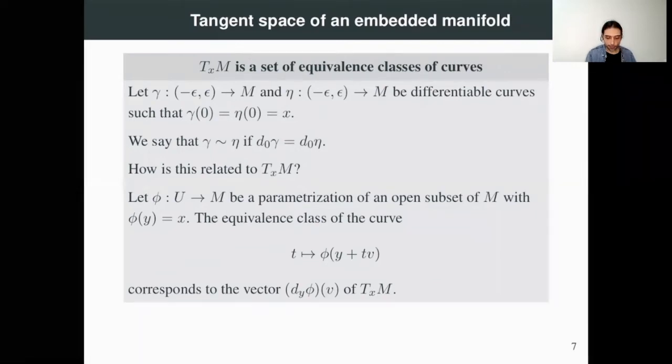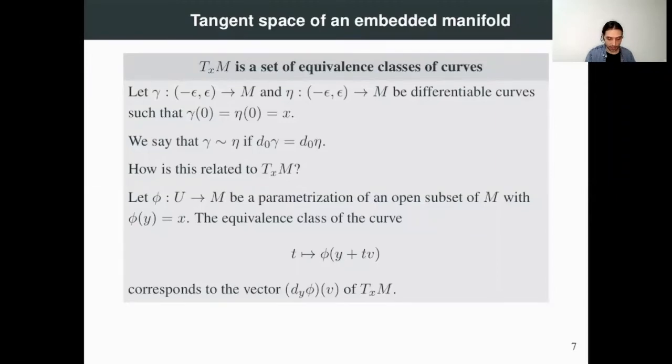If we consider, for instance, a curve as in here, defined in a neighborhood of 0 in the line, and whose image is in M, a curve such that it associates to 0 the point x, and we consider a curve of the same kind, eta, we identify them if the speeds at 0 are the same.